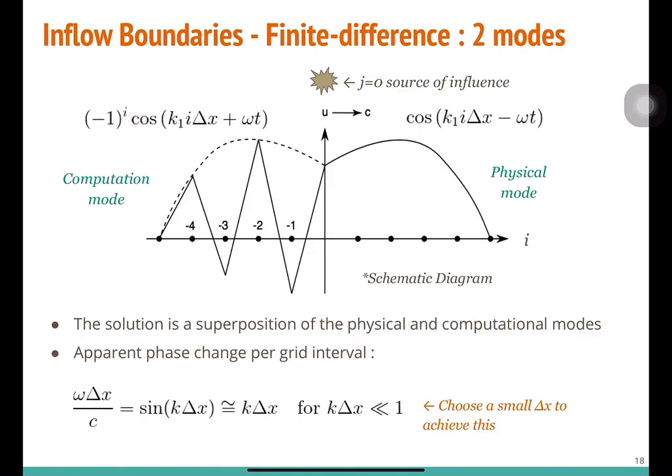So I think I've just explained this. If you have some signal originating from i equals to 0, sorry, this is i equals to 0. This is a typo here. The source of influence is coming from i equals to 0, and then on the right side you have the physical mode traveling because C is positive, and its wave number is K1.